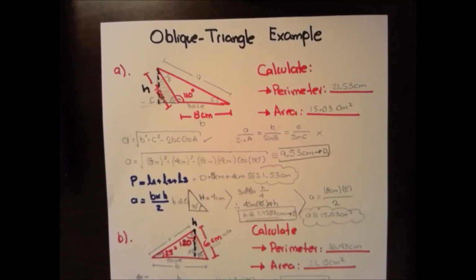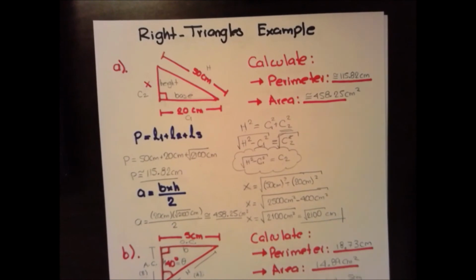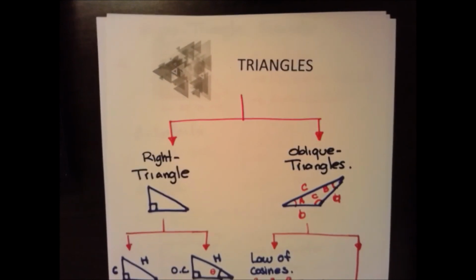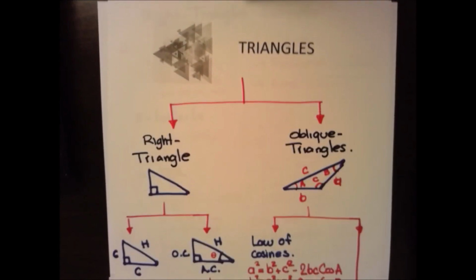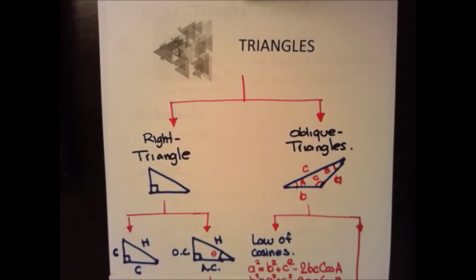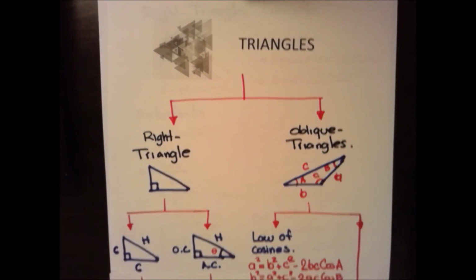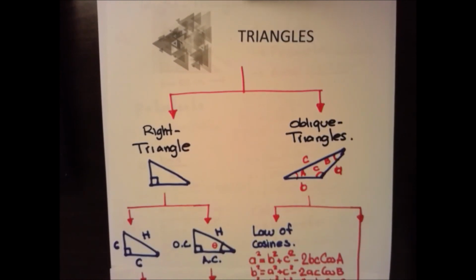Remember, triangles are a very important topic in geometry because they are very useful in different ways and applications. And it's important to know what kind of theorems we need to use when we have triangles. That's why you need to identify if you are working with right triangles or oblique triangles.